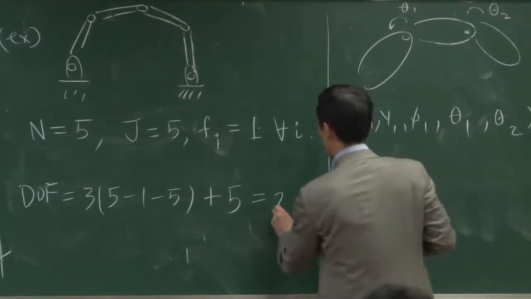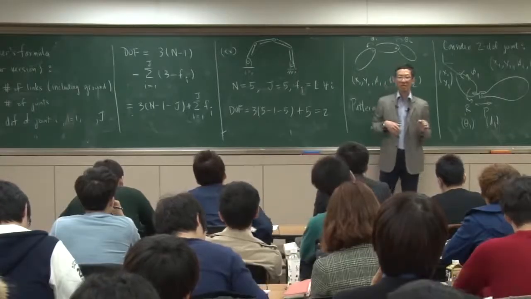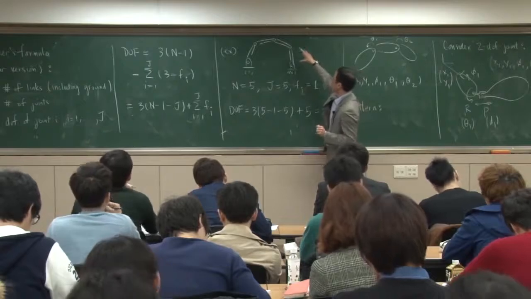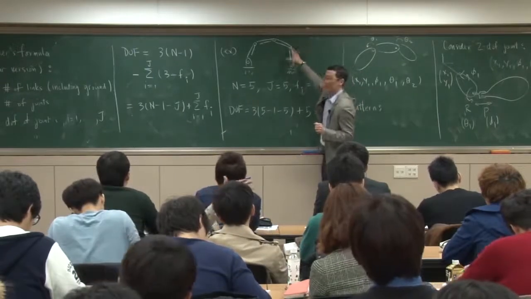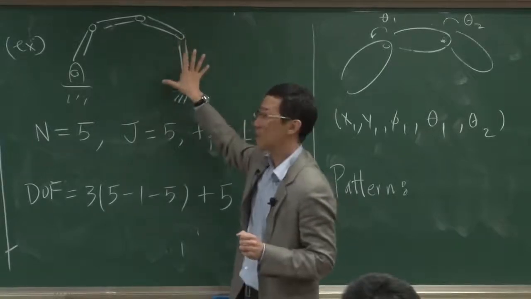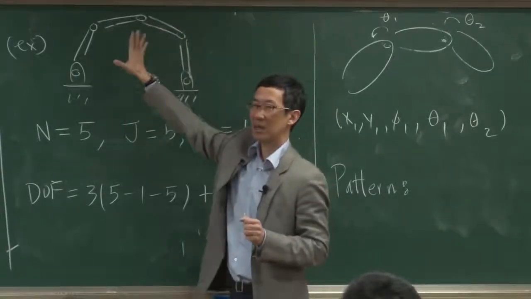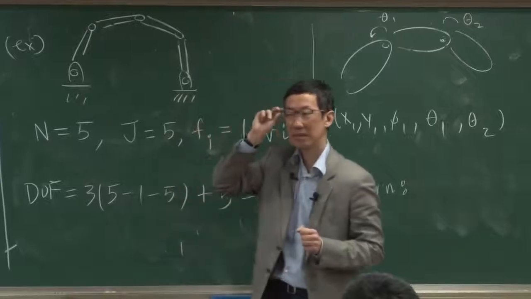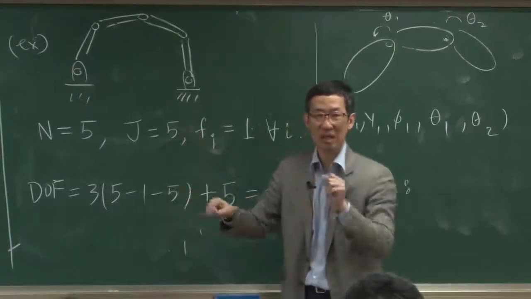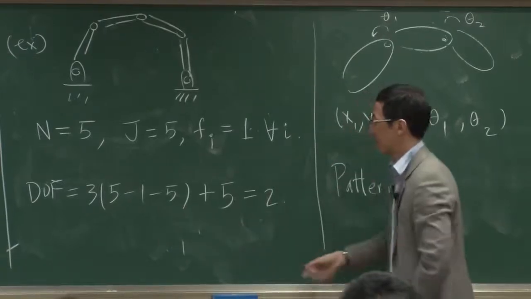It's going to be 2 degrees of freedom. So if I fix values for any 2 joints, that will determine the configuration of this mechanism. In other words, I can control 2 joints independently. So this seems to work.